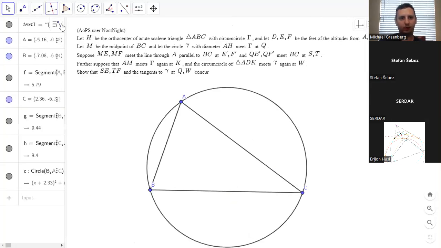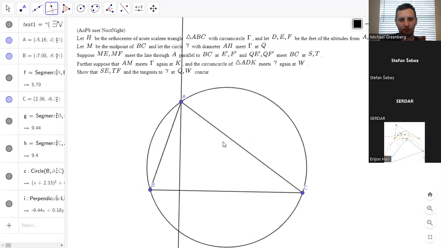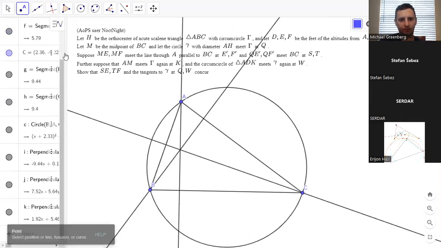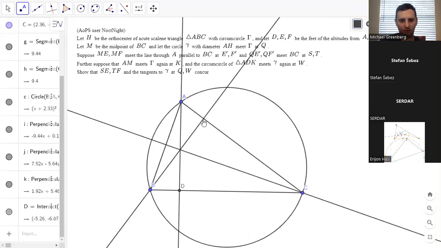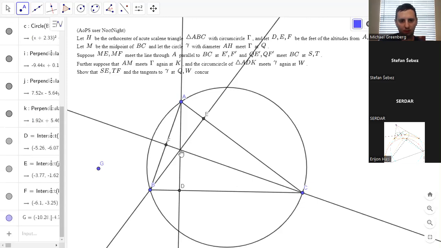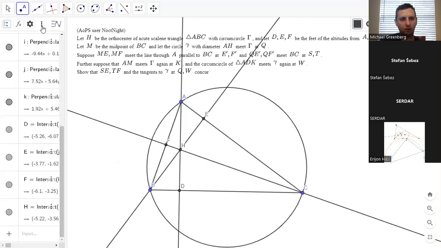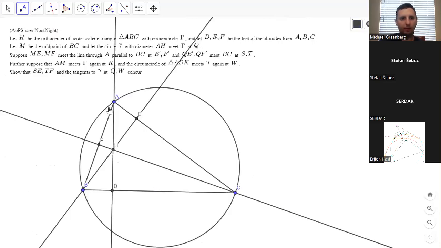So, oh, actually, we're going to draw the 3 altitudes. So we might as well just do it like that. D, E, and F are the 3 altitudes. M is the midpoint of BC.